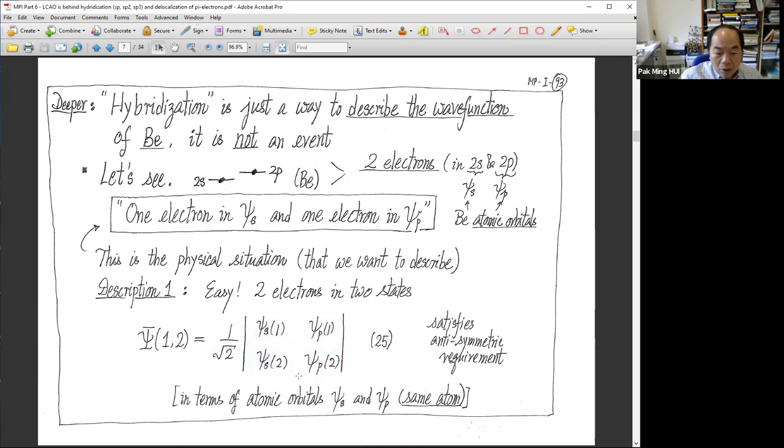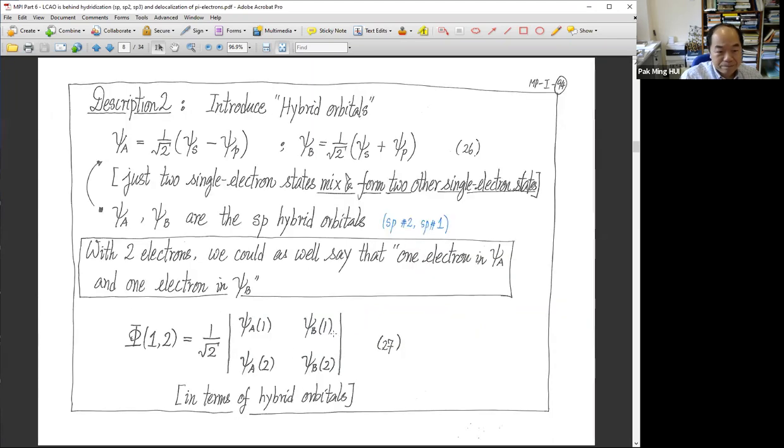Now, how about this? We make a linear combination and we write this thing. So we form a linear combination. This will be the hybridized one. Here I do it formally. I introduce this 1 over square root 2 for the following reason, okay?